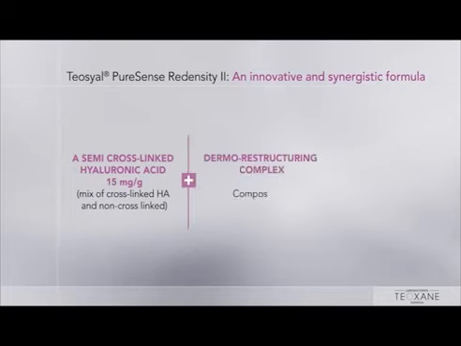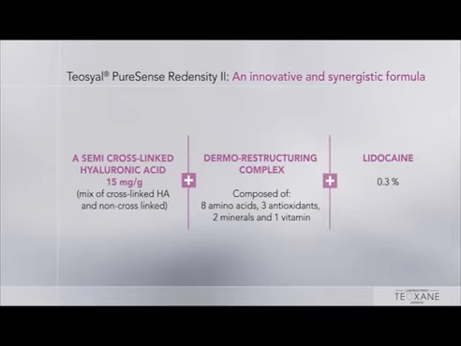The hyaluronic acid of Redensity 2 is a mix of cross-linked and non-cross-linked hyaluronic acid, conferring unique properties to the gel. A dermorestructuring complex composed of 8 amino acids, 3 antioxidants, 2 minerals, and 1 vitamin, enabling revitalization of the skin. Lidocaine at 0.3% for greater patient comfort.